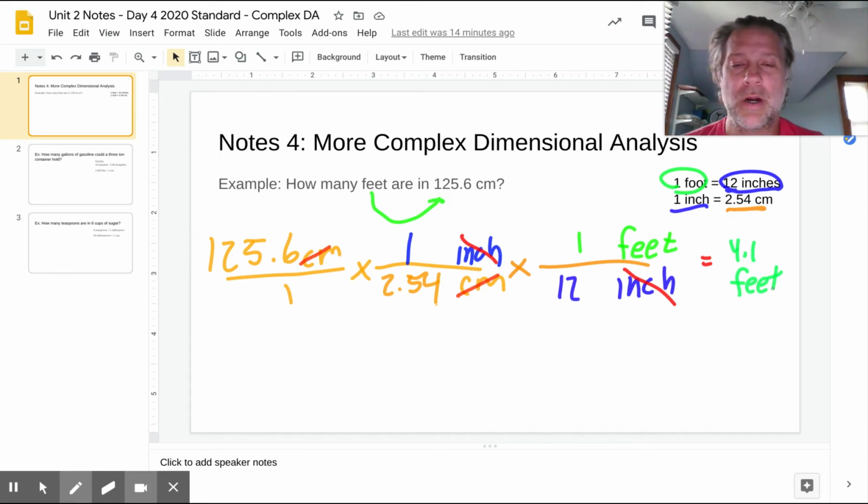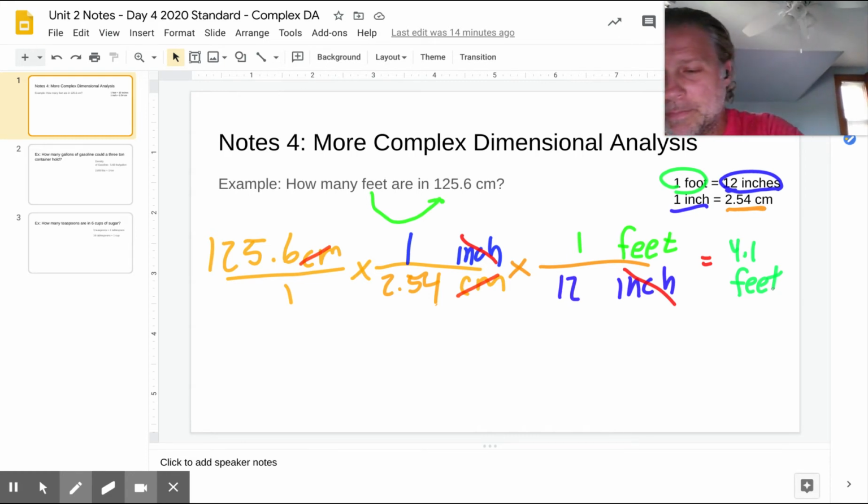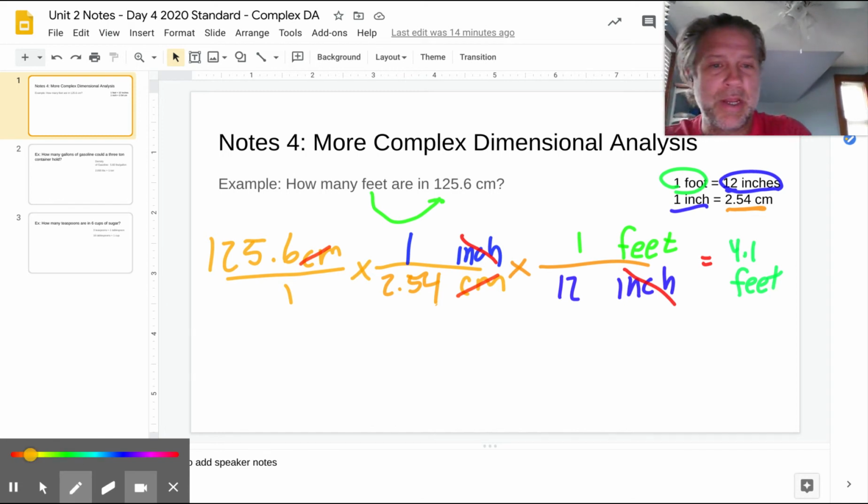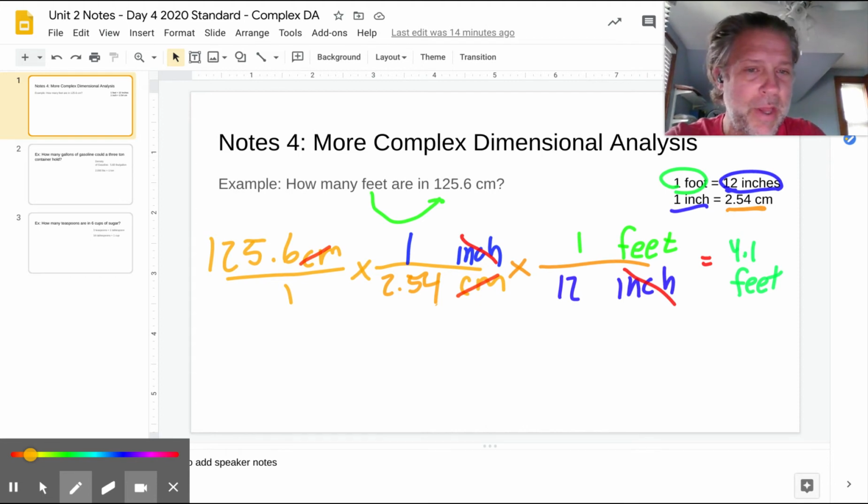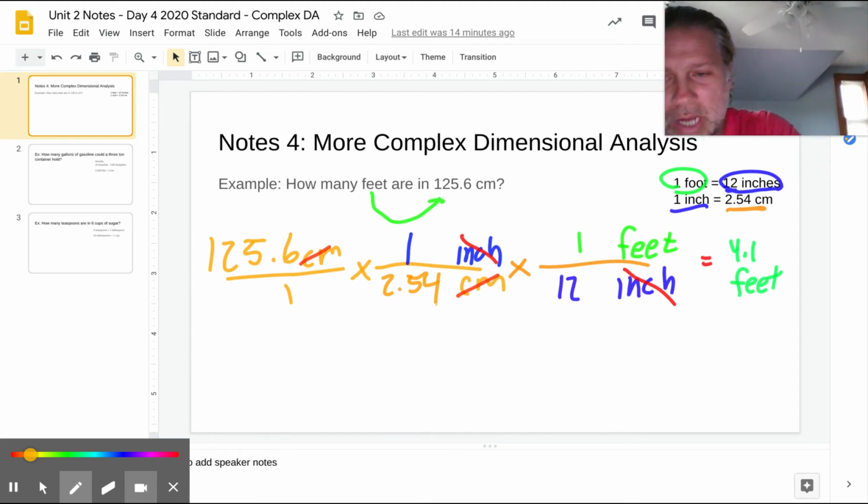For those of you that are looking at this number saying, well, how did you get that number? I'd like to take a second to try to explain. Because it's a series of fractions, I multiplied across the top and then multiplied across the bottom and then divided, which looks like this.